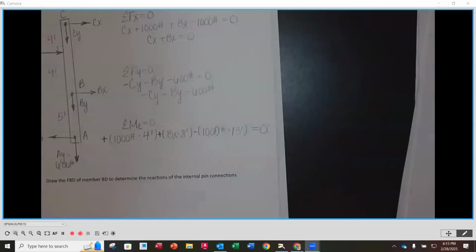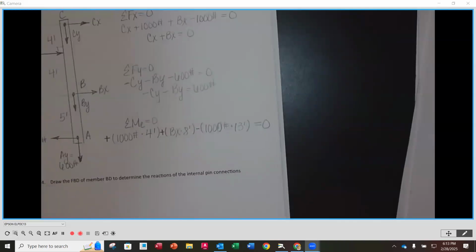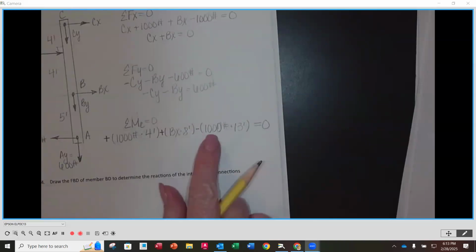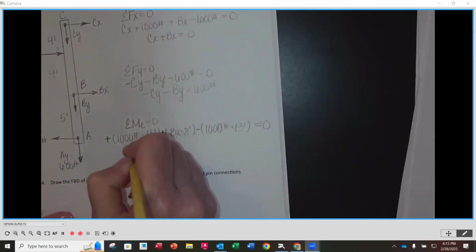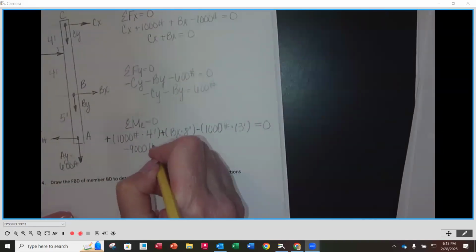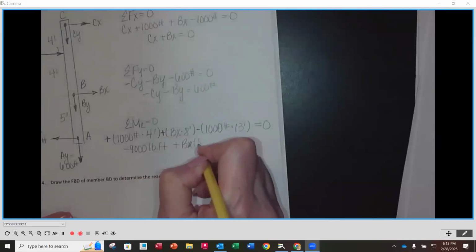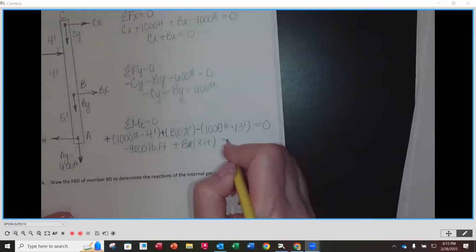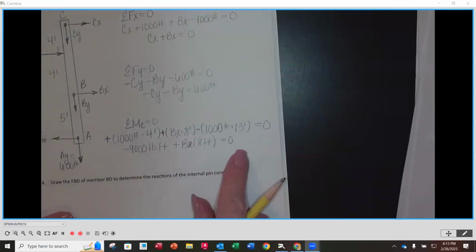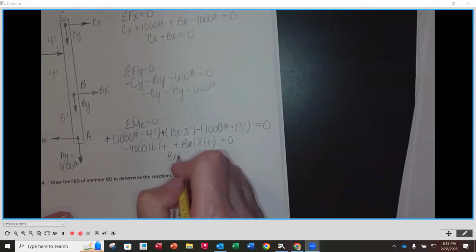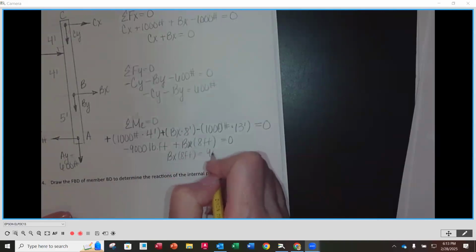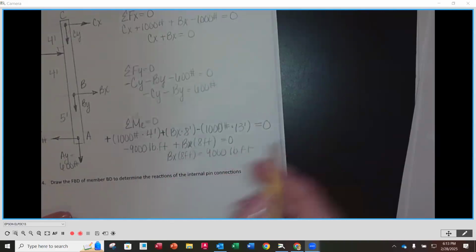So I'm going to solve for BX. I'm going to have 1,000 times 4, and then I'm going to subtract 1,000 times 13. That's going to be negative 9,000 pound feet plus BX times 8 feet, equal to 0. I'm going to put the 9,000 on the other side. So BX times 8 feet is equal to 9,000 pound feet.